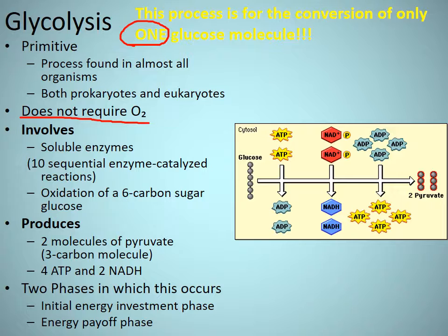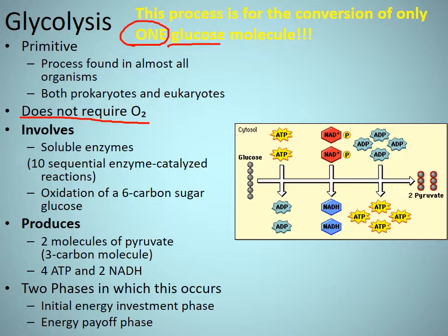So this whole process is the conversion of one glucose molecule, reforming the energy found in a glucose molecule as ATP. The first stage is glycolysis: glyco meaning sugar, lysis meaning the breakdown of, so the breakdown of sugar. This is the beginning stage of the breakdown of glucose.